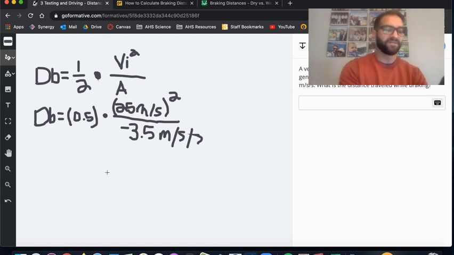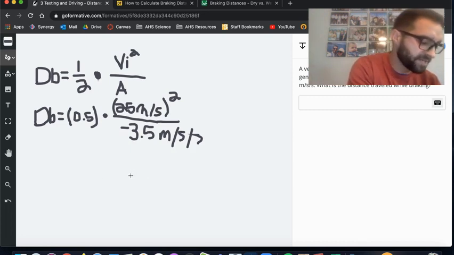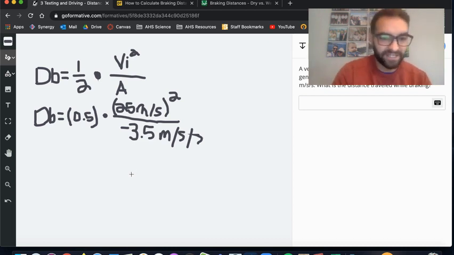If I put that into the calculator, one way I might do it is break it apart. Depending on your calculator, sometimes it's hard to do the whole thing. So for me, I'm going to solve for 25 meters per second squared first. That gets me an answer of 625.